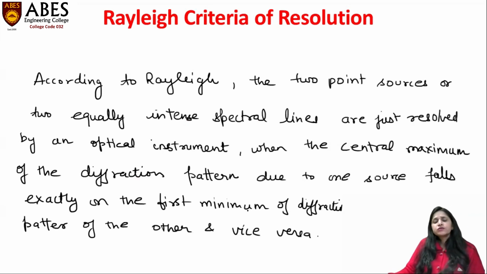So according to Rayleigh, the two point sources or two equally intense spectral lines are just resolved by an optical instrument when the central maximum due to one source falls exactly on the first minimum of the diffraction pattern of the other and vice versa.